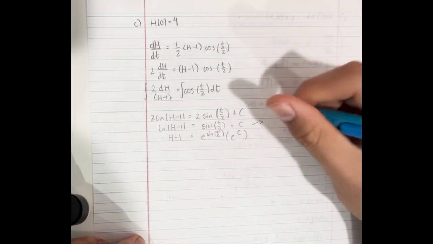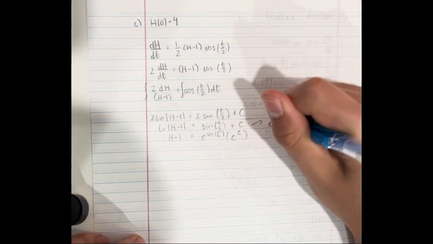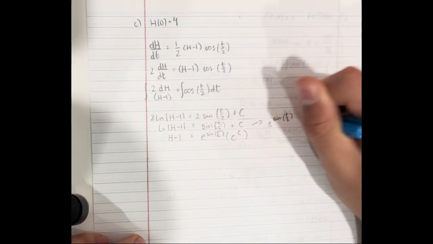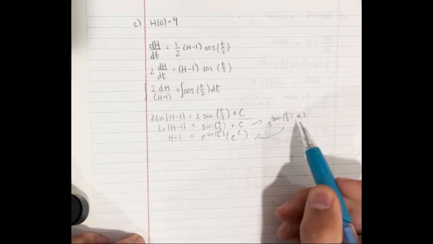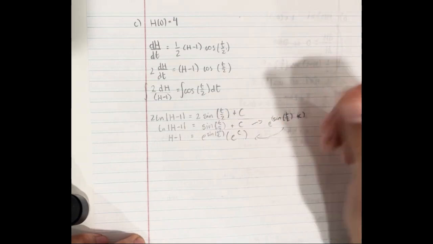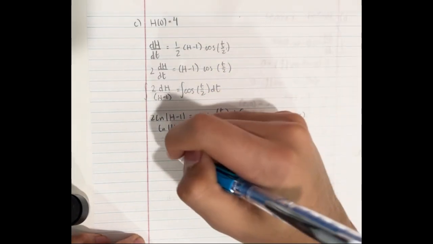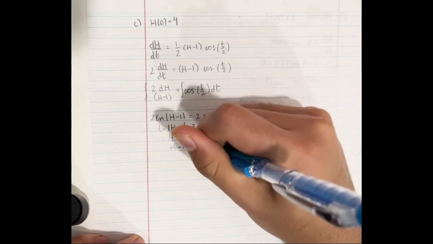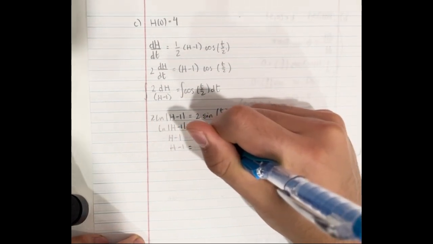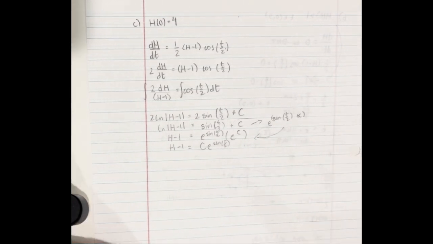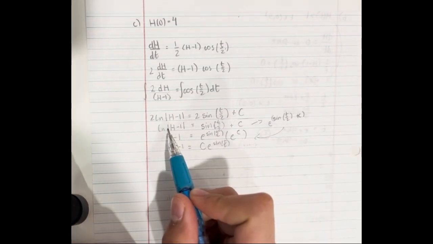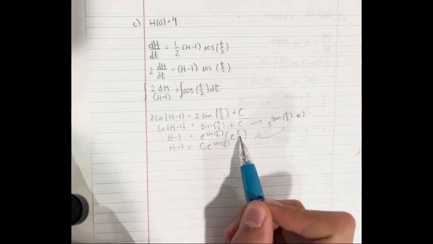Remember, so this becomes e to the sine t over 2 plus c, and that equals this. And I'm going to make e to the c, that's a constant again. C e to the sine t over 2. And the reason I was able to remove this absolute value is because it got absorbed into this constant.